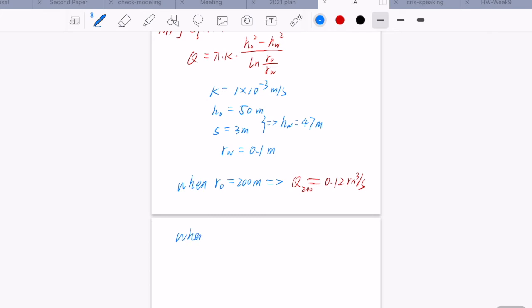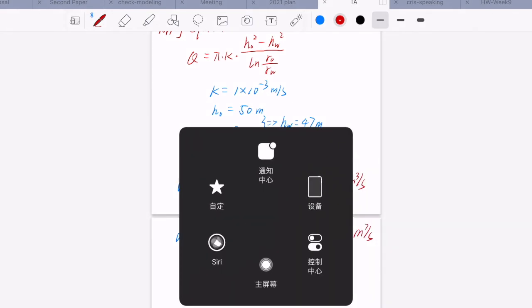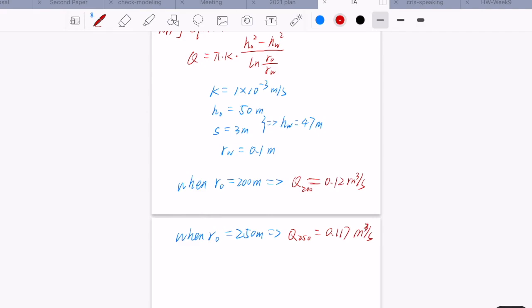And when R0 equals 250 meters, the discharge should be equal to 0.117 cubic meters per second. And when R0 equals 300 meters, the discharge should be equal to 0.114 cubic meters per second.